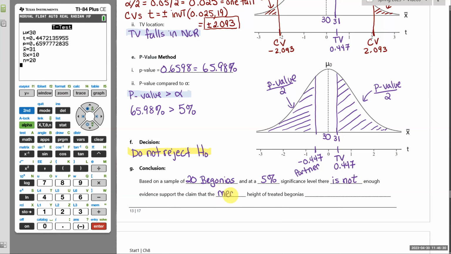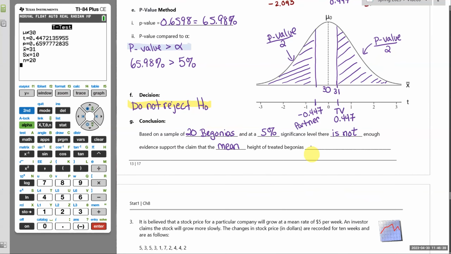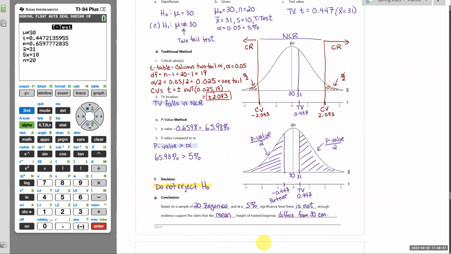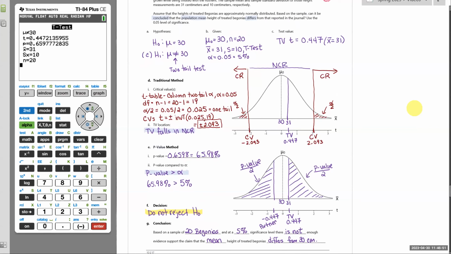And this was the mean height of begonias differs from 30 centimeters. All right. So there's an example for you of a two-tailed test using the t-distribution.